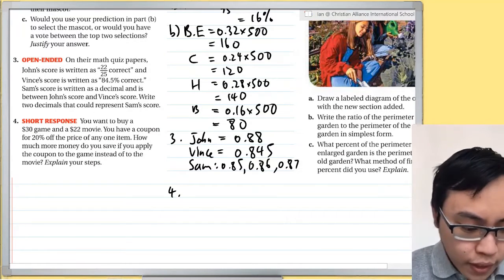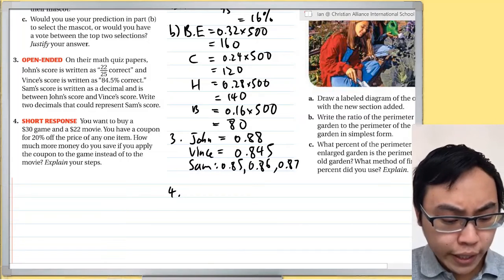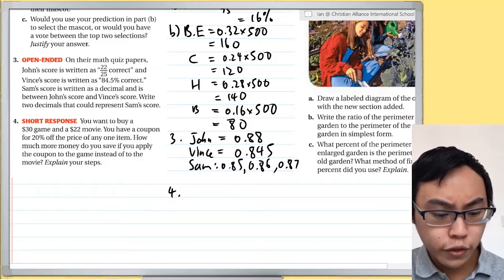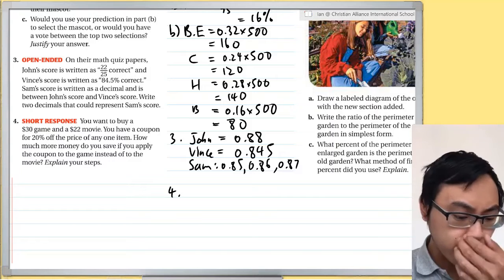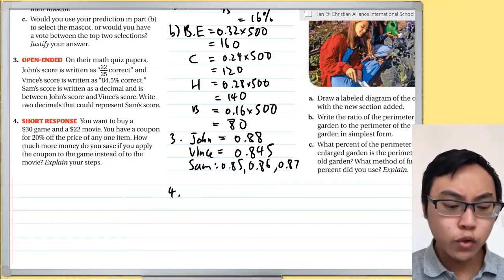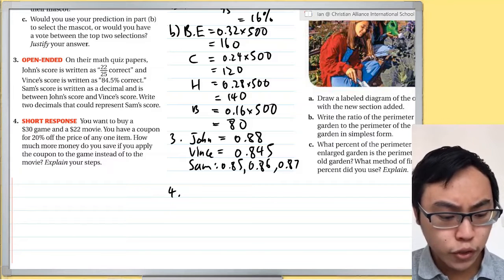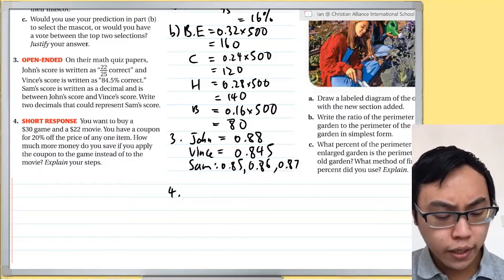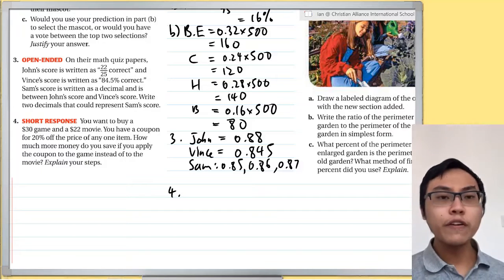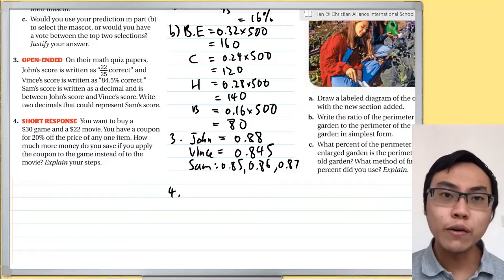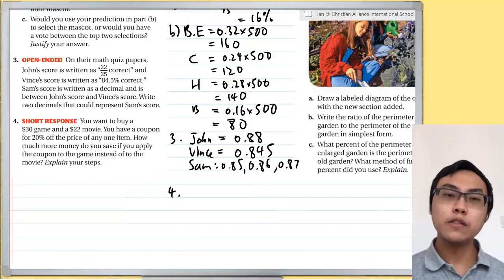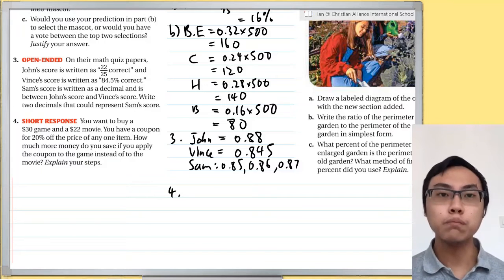Question 4. You want to buy a $30 game and a $22 movie. You have a coupon for 20% off the price of any one item. How much more money do you save if you apply the coupon to the game instead of to the movie? So we want to first find out what the discount amount is for both, to compare how much more you save.